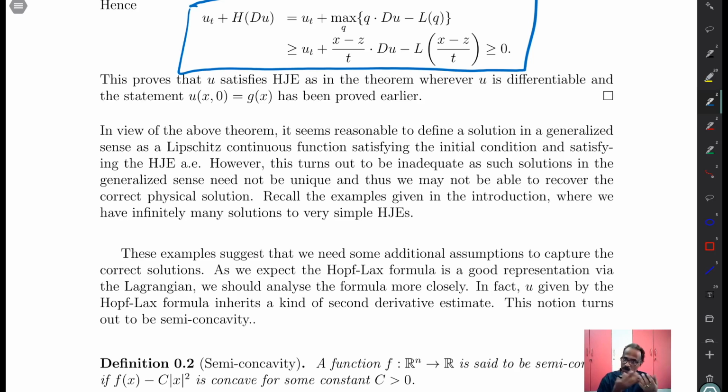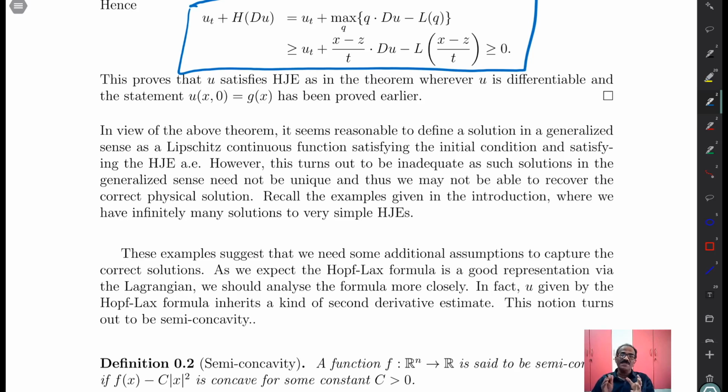Corresponding to the minimization problem, you can write down your Hopf-Lax formula, and that Hopf-Lax formula will give you the solution to the Hamilton-Jacobi equations. But then that solution is in the sense of Lipschitz condition. So it is natural to define a generalized solution as a Lipschitz continuous function satisfying the initial condition and satisfying the Hamilton-Jacobi equation almost everywhere.